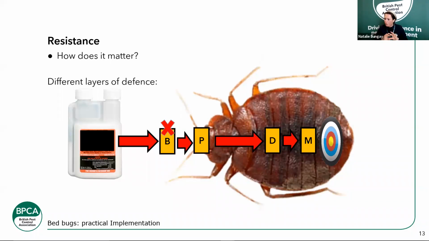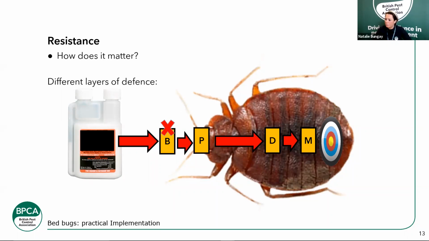So it almost thickens up that cuticle, so that when you put a layer of insecticide down and that bed bug crawls across it, it's very unlikely in bed bugs that have this resistant gene that it will actually absorb into the bed bug at all. So therefore, it's not going to reach that target area of the bed bug. No kill rate at all. And this is when I mentioned back to residuality, and it's really important.